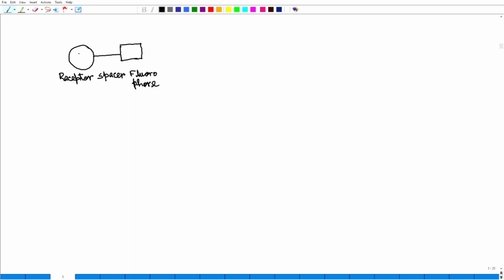So, this is the receptor, this is the spacer, and this is the fluorophore. This is one configuration and a very popular configuration. I will show you.